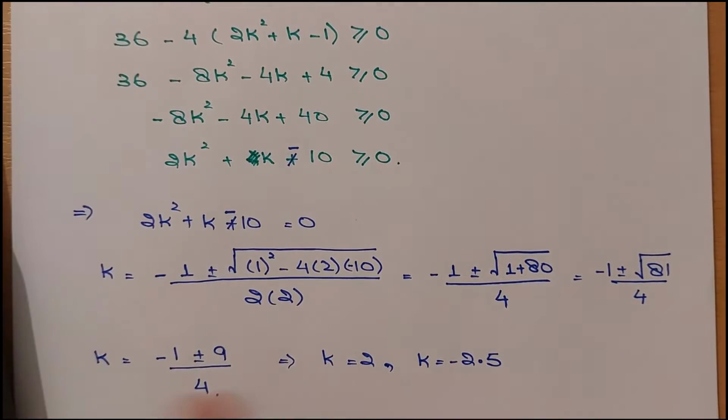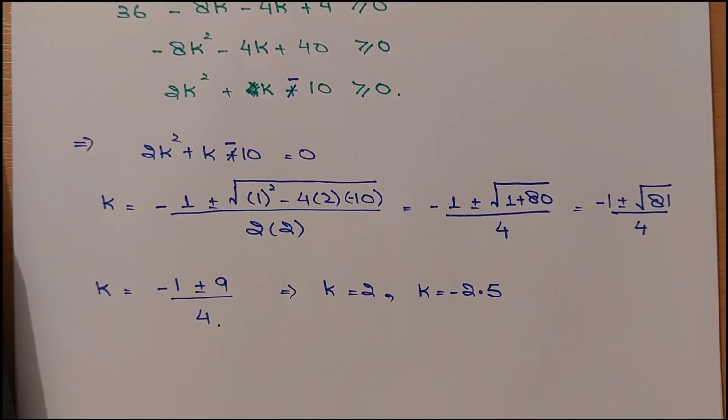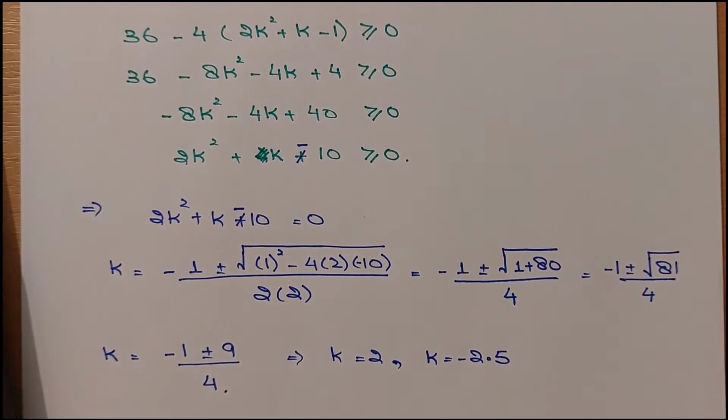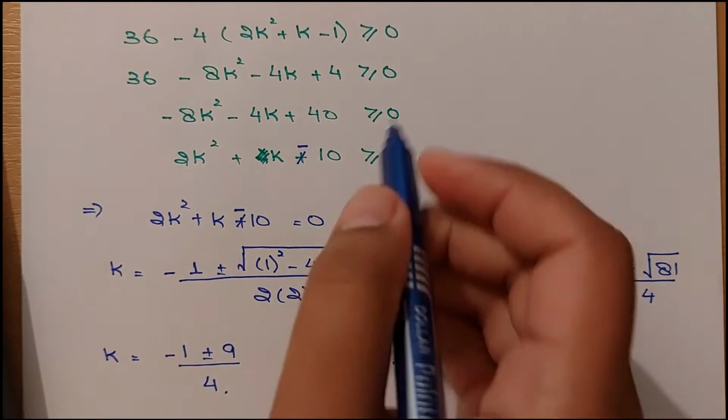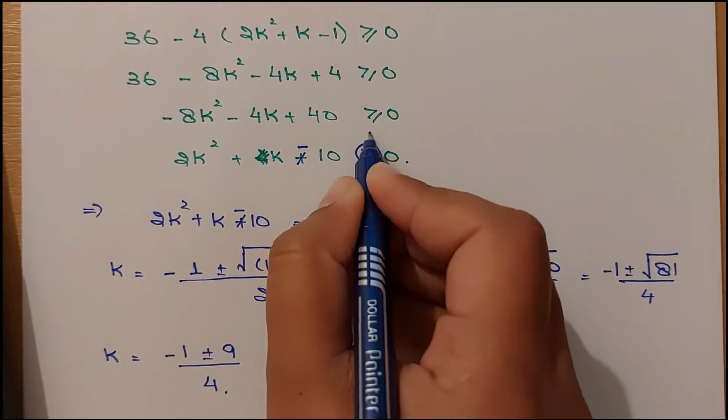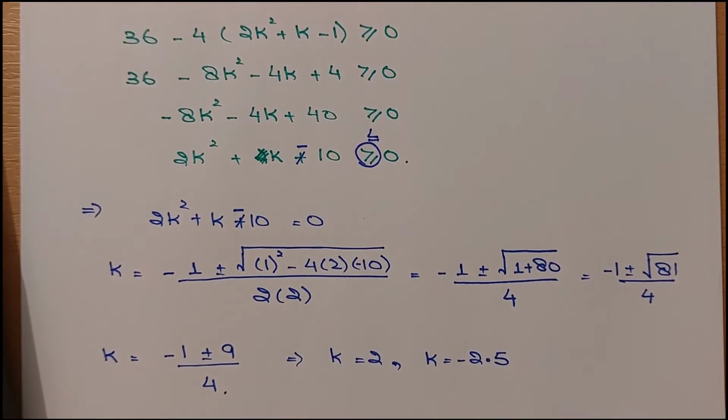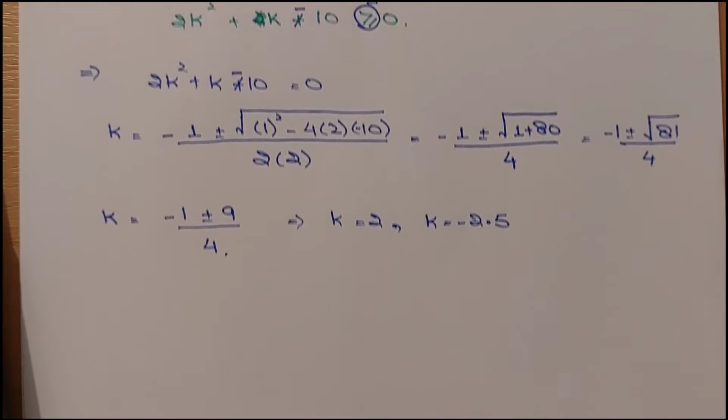Okay, now let me substitute this back into this equation. Oh, and one more thing, when we divide this inequality with negative 4, we have to change the inequality. That is a mistake we made. Greater than or equal to changes to less than or equal to, right?